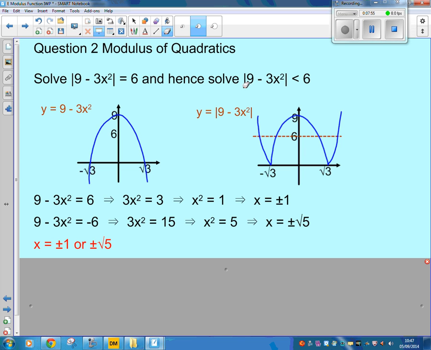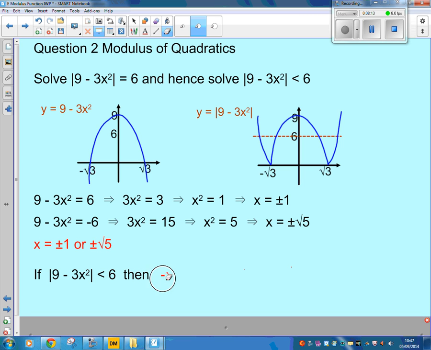And we want where the modulus is less than 6, so we want below that line where it's 6, strictly below it. So we want this part, we also want this part. Now that's from minus root 5 up to minus 1. So one of the solutions is that minus root 5 is less than x is less than minus 1.